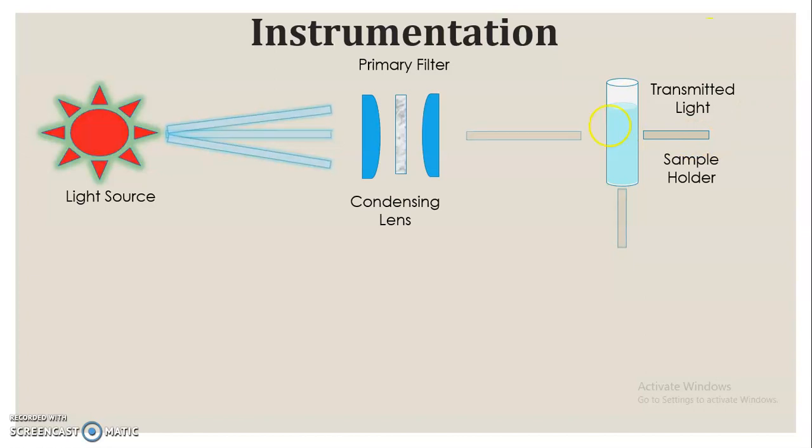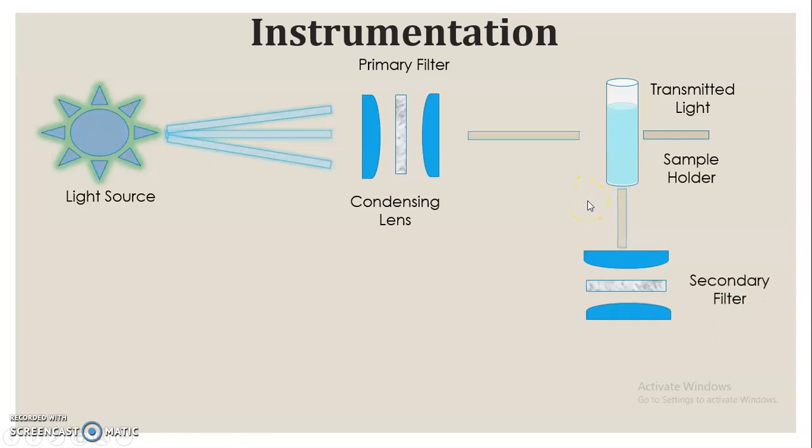The radiations are absorbed, after that the molecule goes to the excited state, and while coming from the excited to the ground state, energy or light is emitted again, and that light is in the range of visible radiations. After this, these radiations go to the secondary filter. The role of the secondary filter is to absorb the UV radiations.